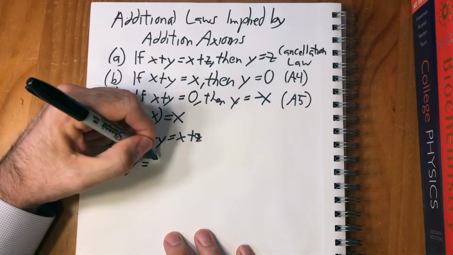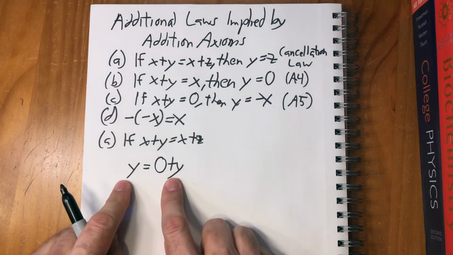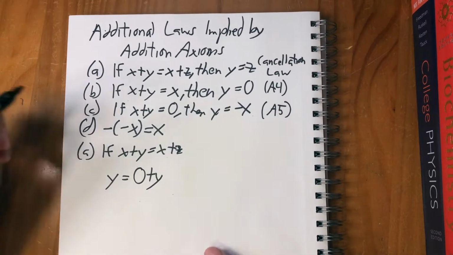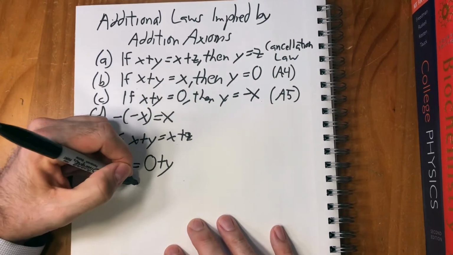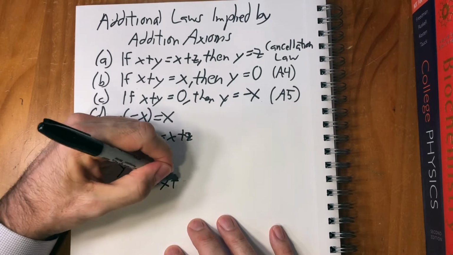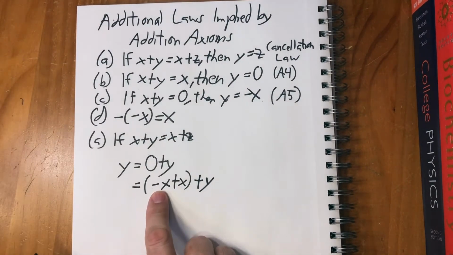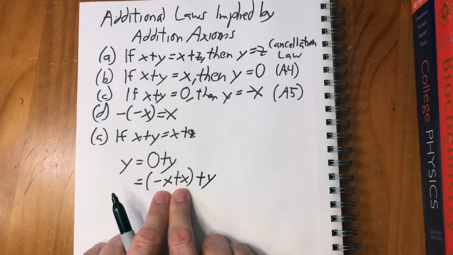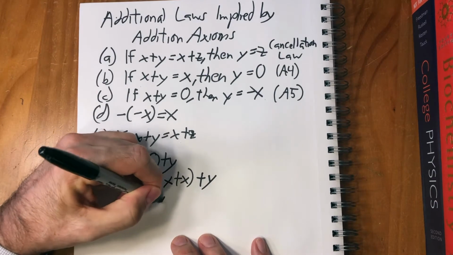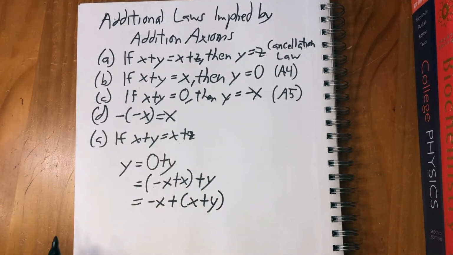We have y equals 0 plus y, because we can add 0 to anything and we get the same number. And then we can replace that with minus x plus x, plus y. This is going to equal the same thing because minus x plus x is 0. Use associativity to have minus x plus x plus y.